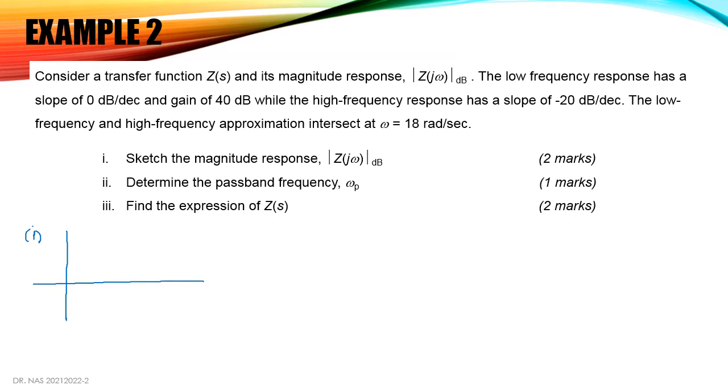Okay, so it's a 40 dB line for low frequency. Meaning that you can divide your frequency response into two sections. So on the left hand side is the low frequency component, while the right hand side is the higher frequency component. Okay, so the low frequency component has a gain of 40 dB, so this is 40 dB.